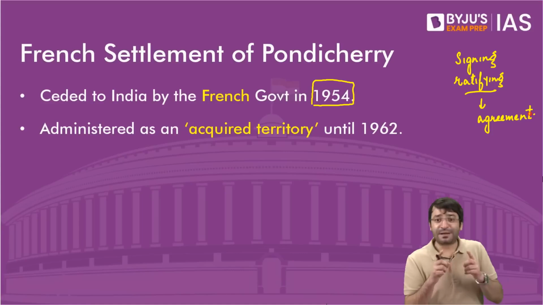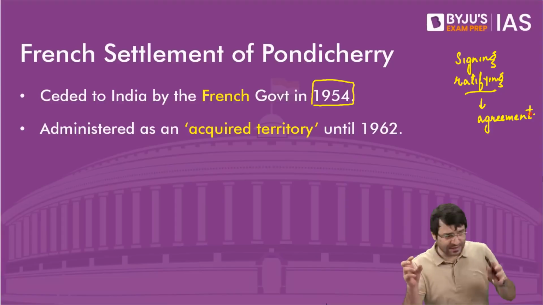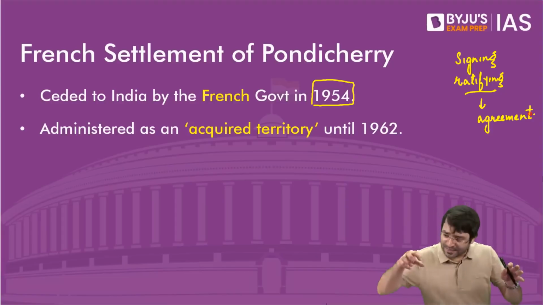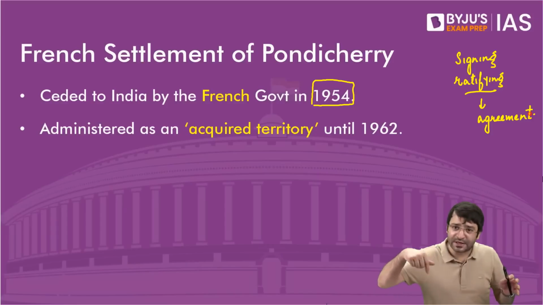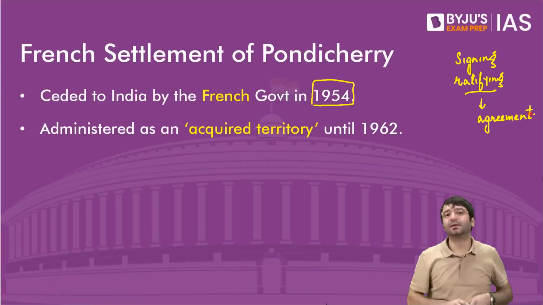But this was done by the governments of the two countries, government of France, government of India. But then, according to the French constitution, France cannot gift a territory to another country. France cannot give up its territory to another country unless and until the French parliament accepts this, passes a resolution accepting this, which means ratifying it.